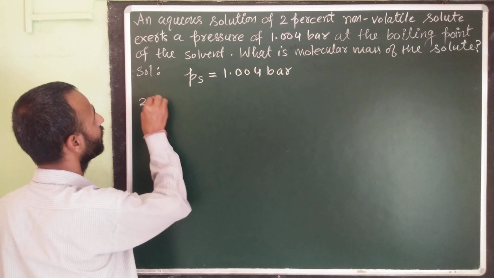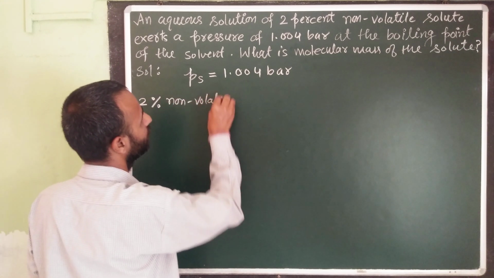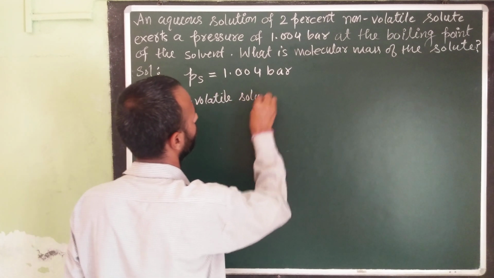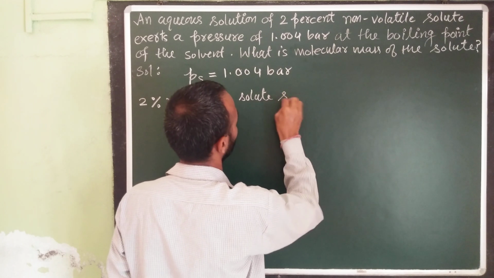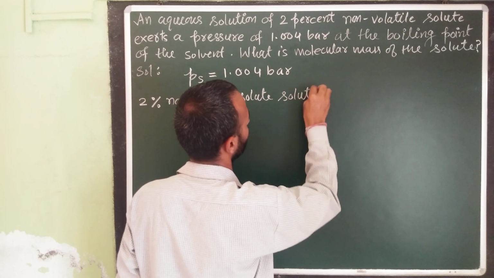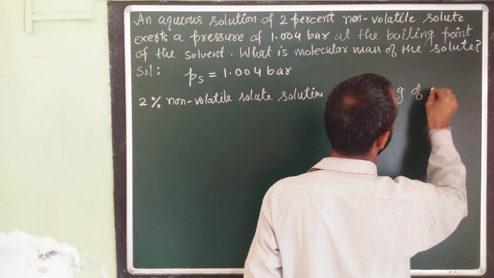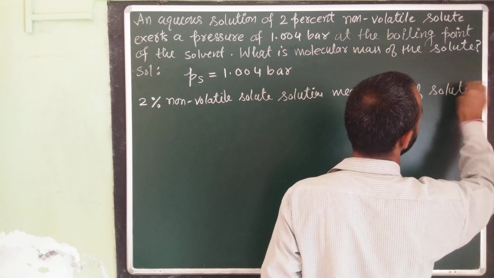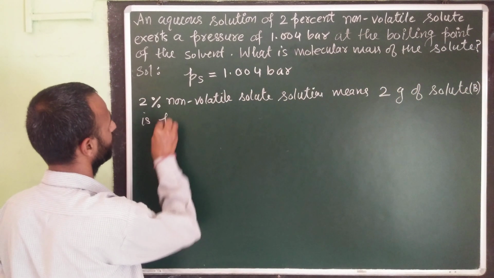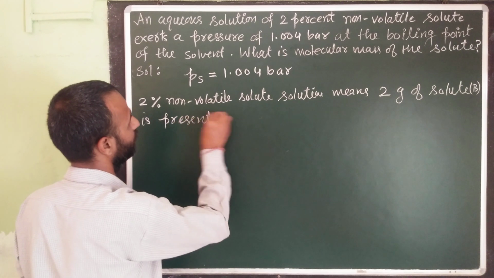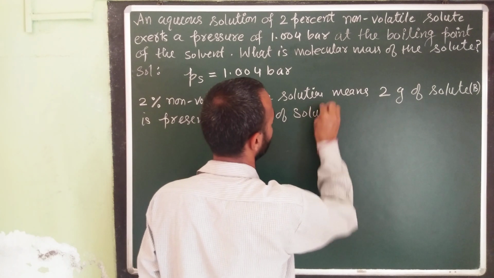So 2% non-volatile solute solution means 2 gram of solute, non-volatile solute, that is taken as B, is present in 100 gram of solution.